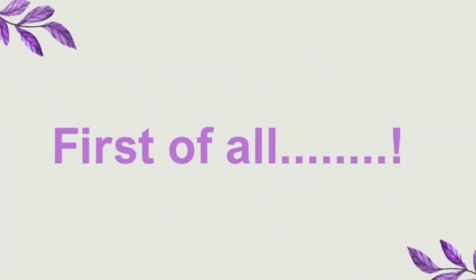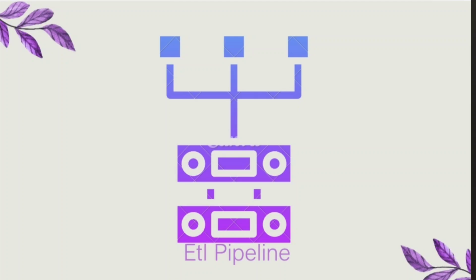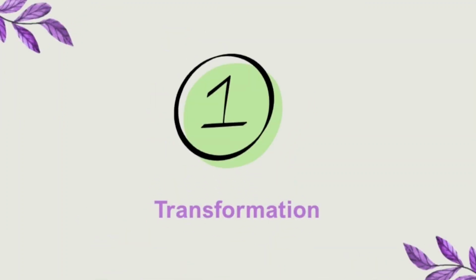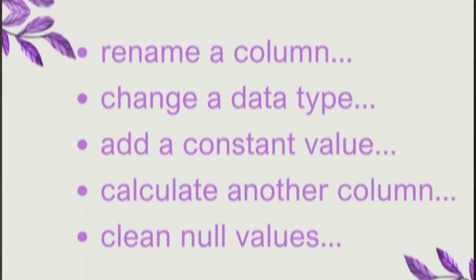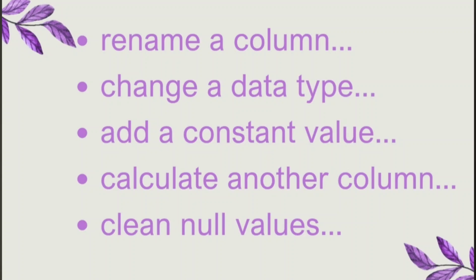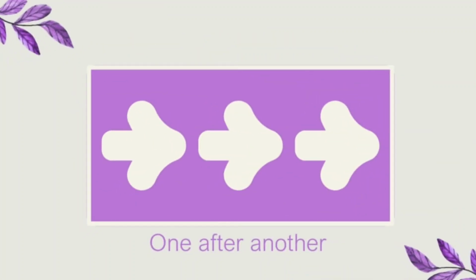So first of all, let me tell you something. Whenever you are working on an ETL pipeline, you'll almost never use just one transformation. You will use multiple transformations together. For example, renaming a column, changing a data type, adding a constant value, calculating another column, cleaning null values. Everything happens one after another.